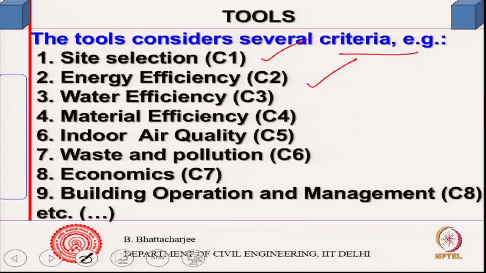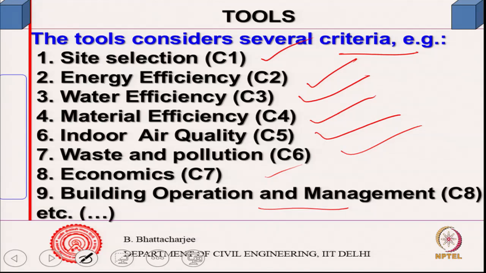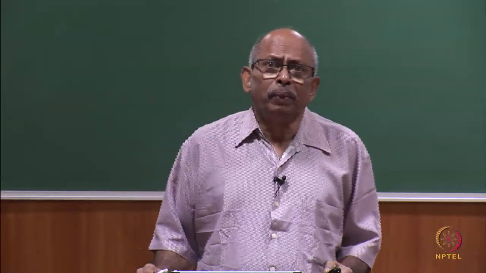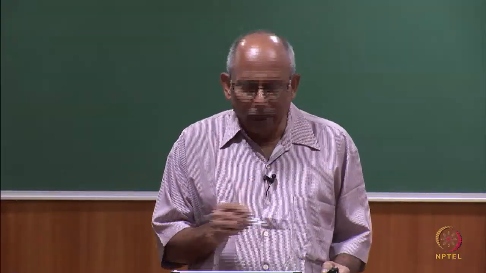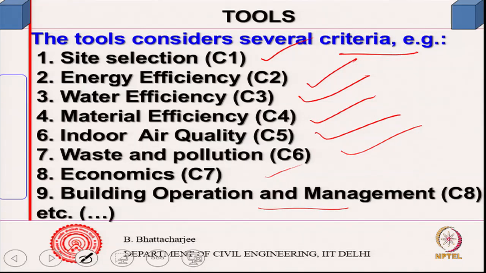Energy efficiency, water efficiency, because minimization of the resource consumption, material efficiency, that is what I was talking of, minimization of the resource again, and indoor air quality, we discussed it earlier, and waste and pollution, economics, operation and management, etc. These are the features. So, some of the tools actually look into this. Now, let us denote them as C1, C2, C3, etc. These are the criteria, criterion C1, criterion C2, etc.